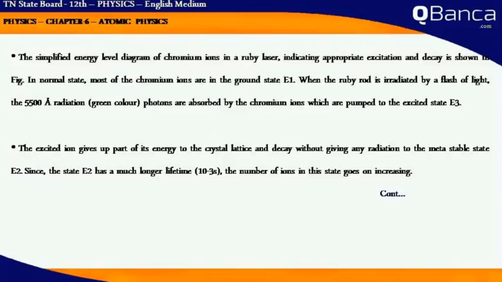The excited ion gives up part of its energy to the crystal lattice and decays without giving any radiation to the metastable state E2. Since the state E2 has a much longer lifetime, 10^-3 seconds, the number of ions in this state goes on increasing.